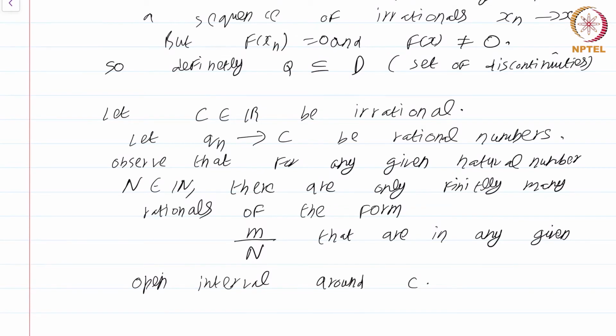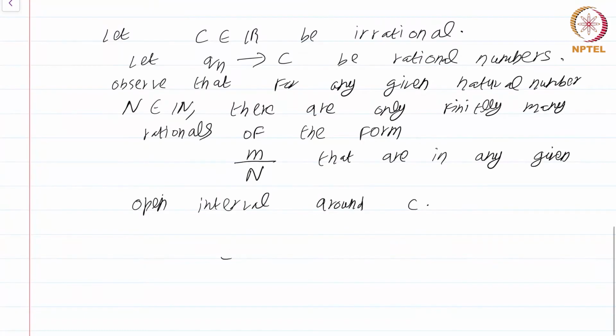So take this c, take c minus delta, c plus delta, take this open interval, delta is greater than 0.